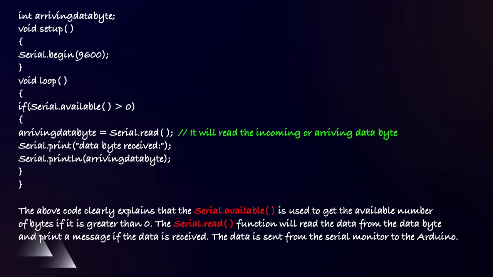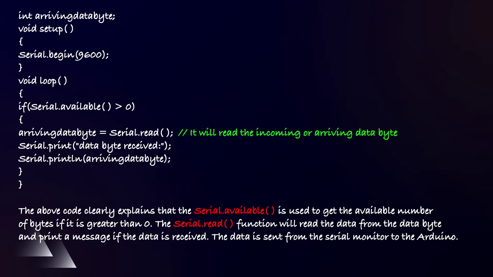First we have taken int arrivingDataByte. Then in void setup, we write Serial.begin(9600). We set the rate here, as previously we set 4800. We can also set 9600, not an issue.